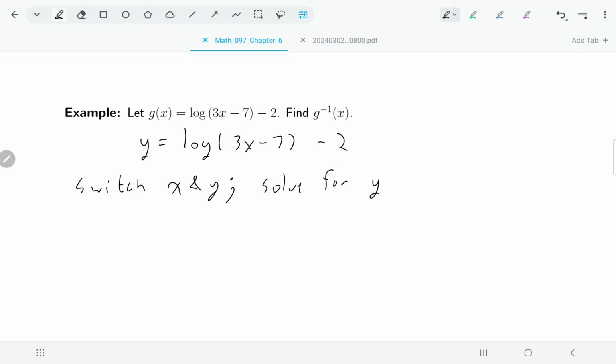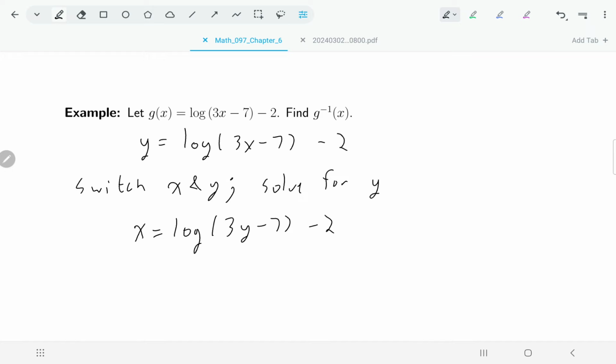One thing I know, though, before I get into the solving and the switching, since this function is a log base 10, then that means my inverse will be an exponential function, base 10. So I know g inverse of x will involve a 10 to a power somewhere in there. So let's do the switching and solving. We have x equals log of 3y minus 7, minus 2.